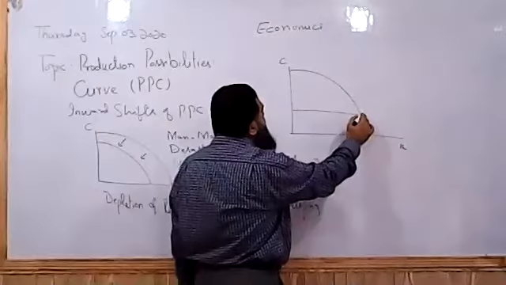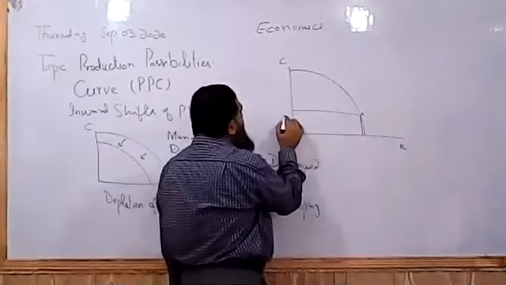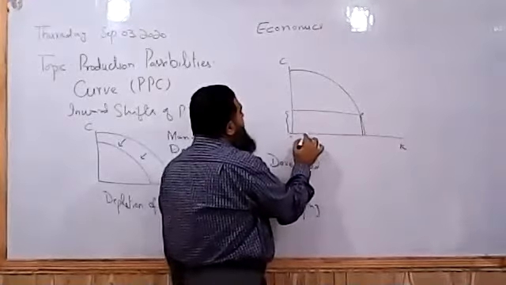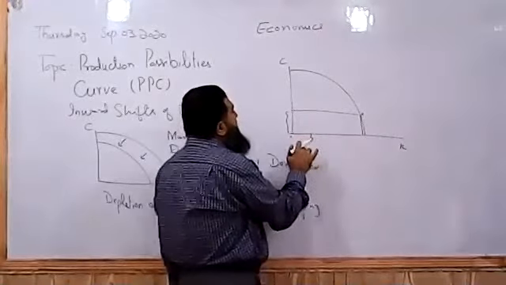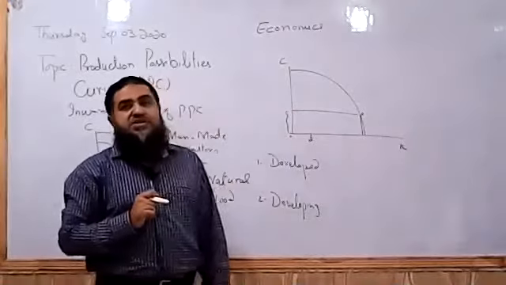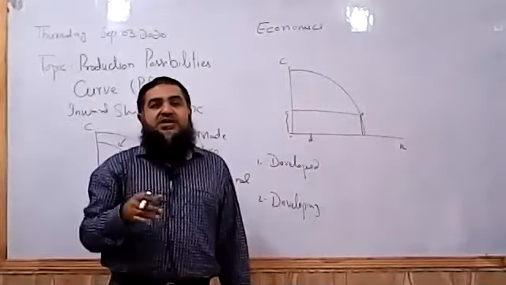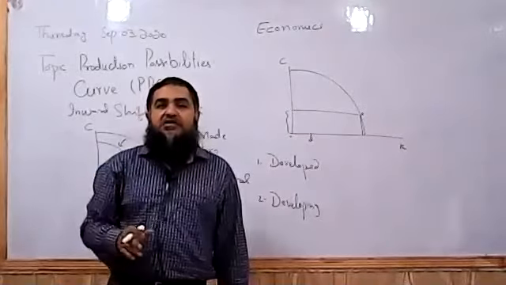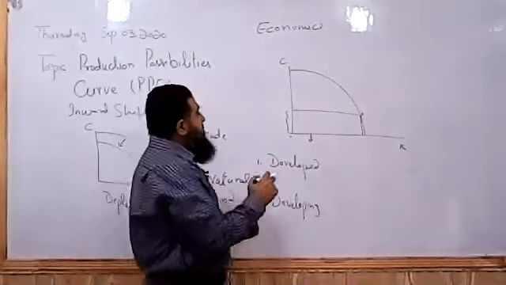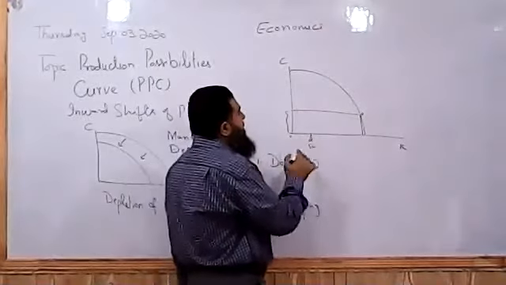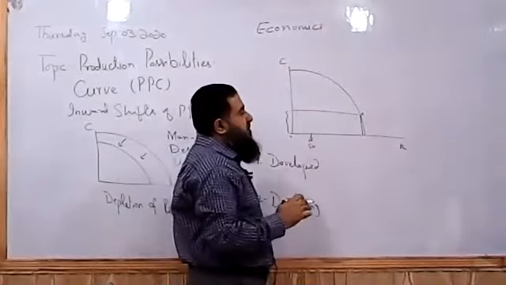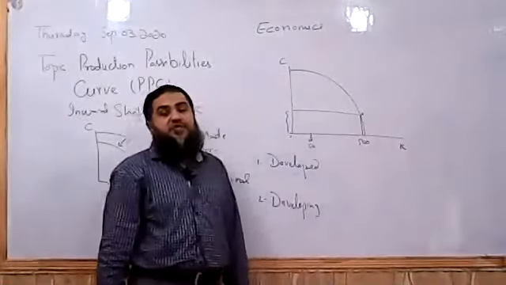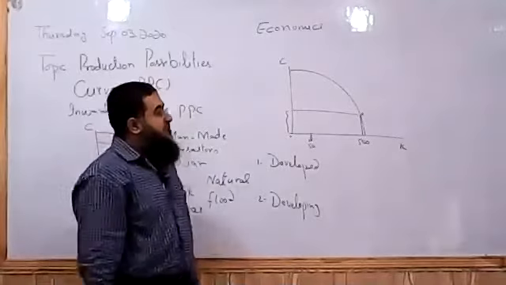They are producing at this point A, where less consumer goods are produced and more capital goods are produced. If I say this is OD, it is the depreciation. Depreciation, you might know, is the wear and tear of assets. Like capital goods are wearing and tearing, they are losing their value with the passage of time. If we say 50 machines or 50 capital goods are depreciating annually, and this country is producing 500 capital goods, how many capital goods are produced? 500.